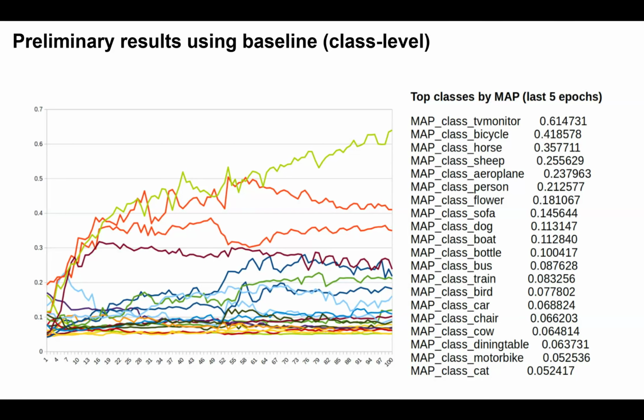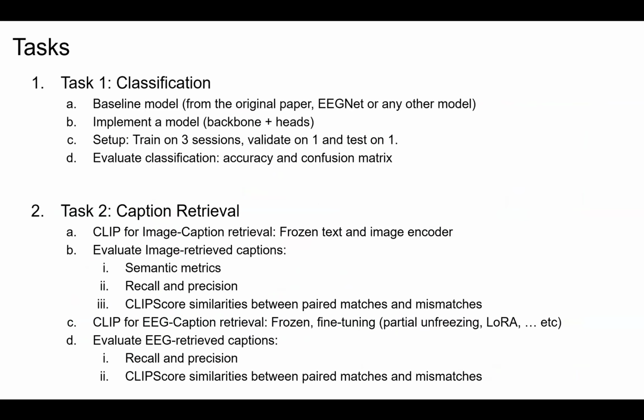The model you will be implementing, I expect, will be much better than that. This is one of the metrics you will also report in this project. To summarize the tasks, you will start with classification. In this classification, you will use the original model from the paper. They have 5 models, and you can choose any of them.